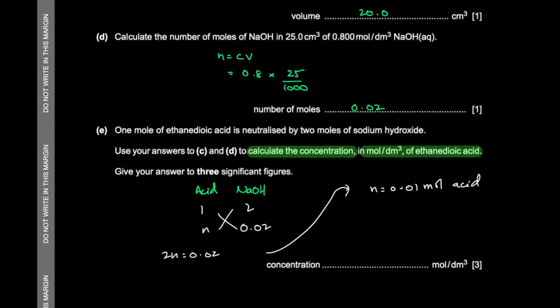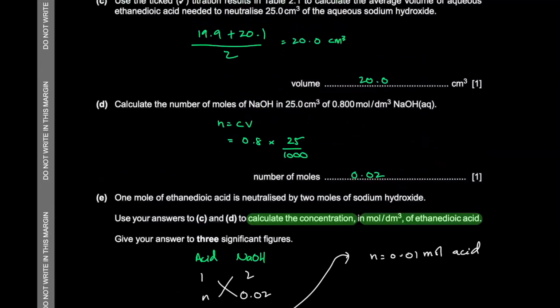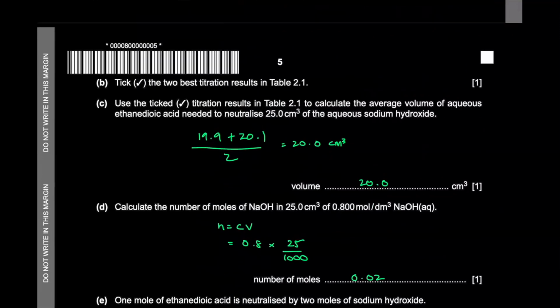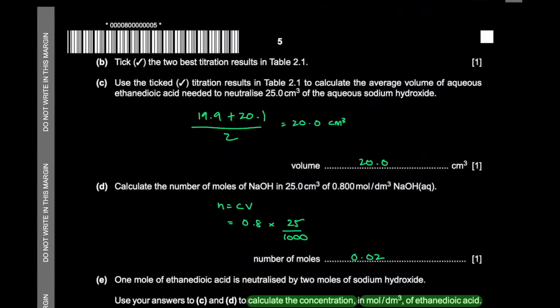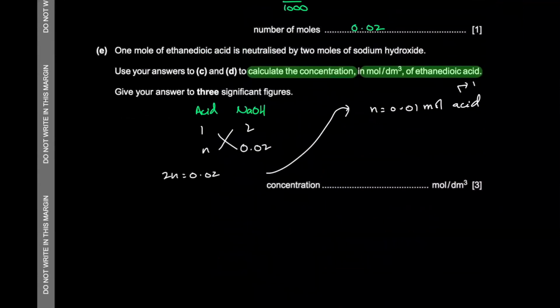We have 0.01 moles of acid, and then we want to find the concentration. We know the volume of acid used on average is 20 cm cube. So the volume is 20 over 1000, which is 0.02 dm cube. The concentration is number of moles divided by volume, which is 0.01, the number of moles of acid, divided by the volume in decimeter cube, because we want moles per dm cube.